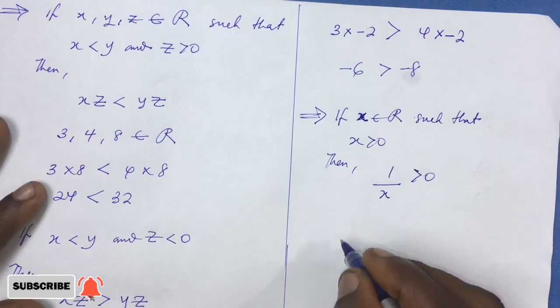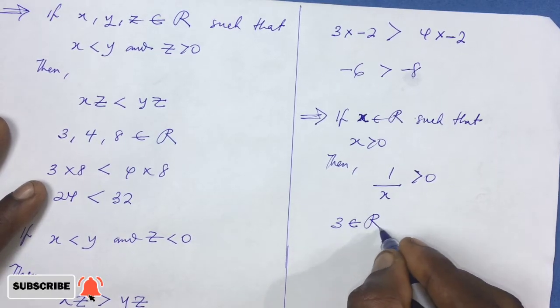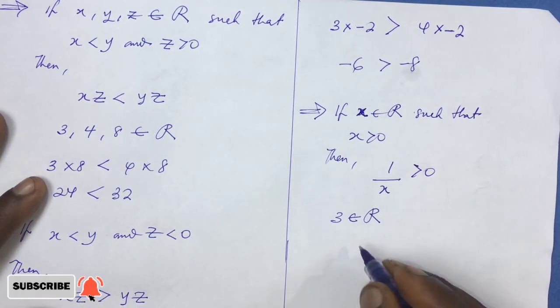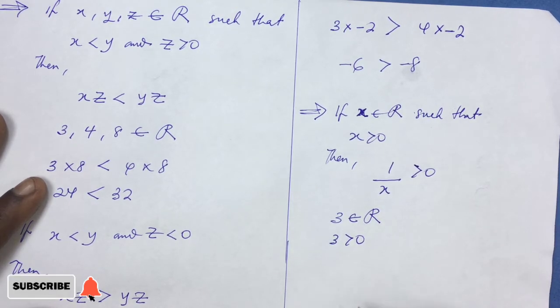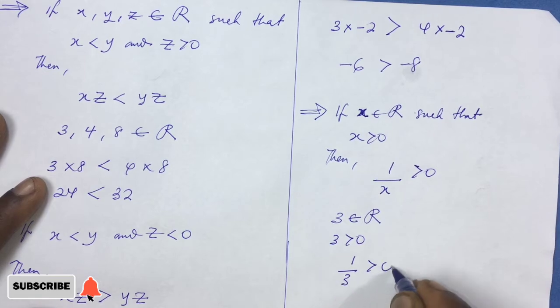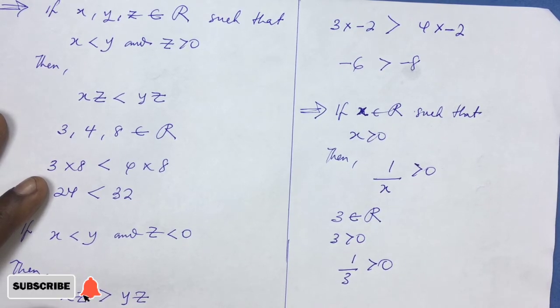Look at it from this angle. You pick 3 as a member of R. Note that 3 is greater than 0 because 3 is positive. Now, 1 over 3 will still be greater than 0. That is what that property is saying.